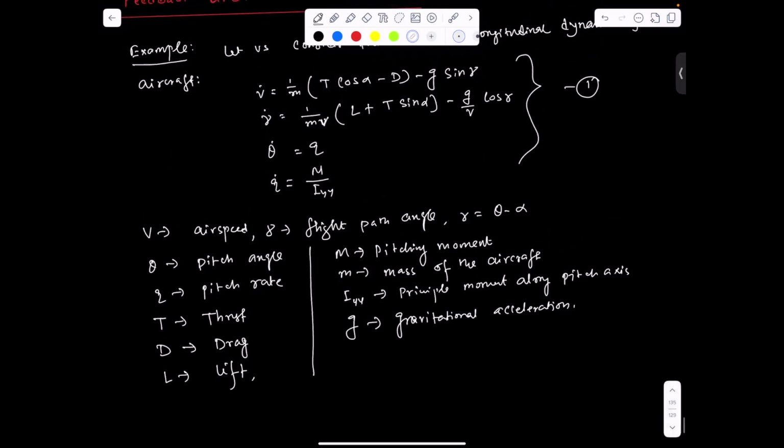So this is our dynamics equation, which is defined by equation 1.